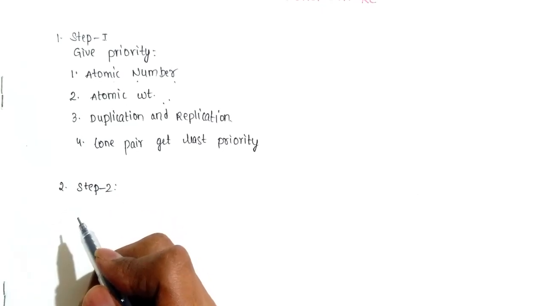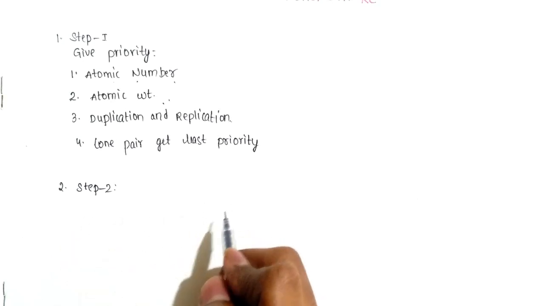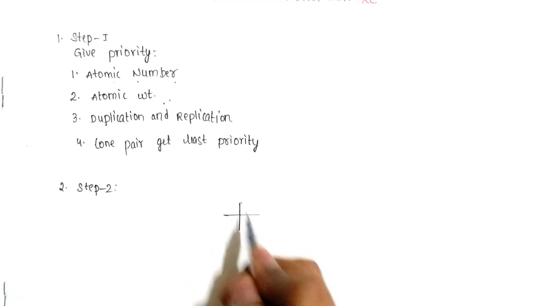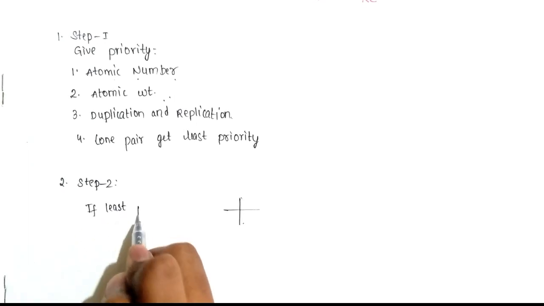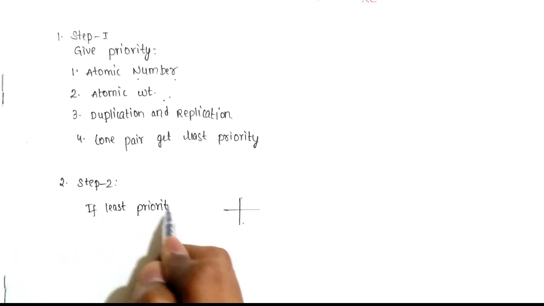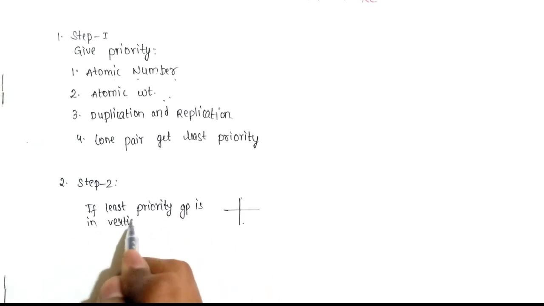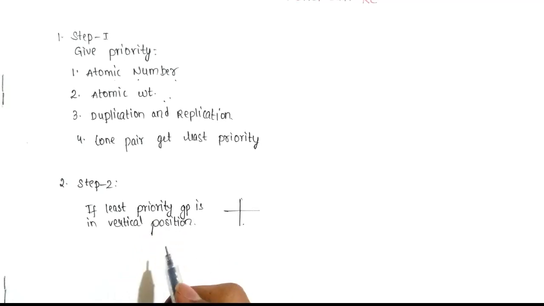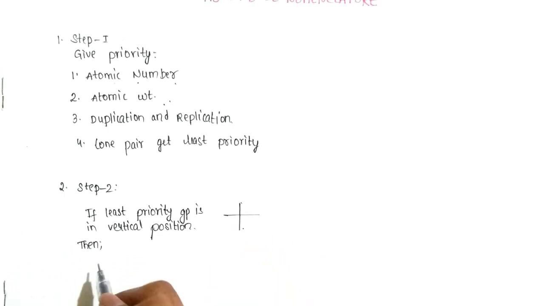If the least priority group is in the vertical position, that means in Fisher projection, if the least priority group is in vertical position, that is here or here, then if the ordering is in the clockwise direction, then we call it an R configuration.